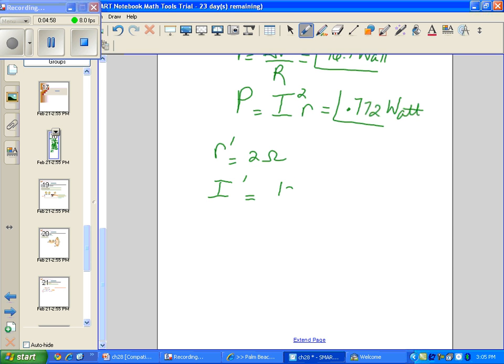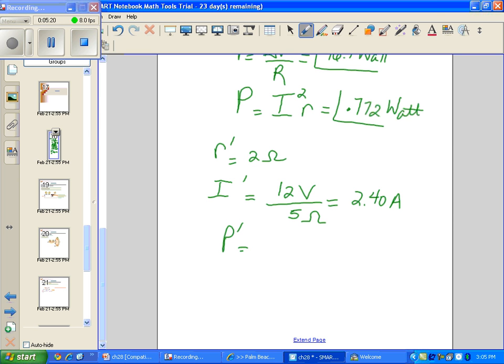We use the same expression. EMF is 12 volts, but this time we add the load resistance to 2 ohms, giving us a total resistance of 5 ohms, and that now reduces the current to a value of 2.4 amps through the circuit.